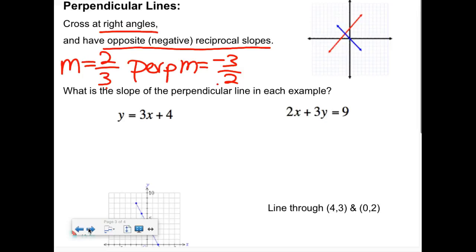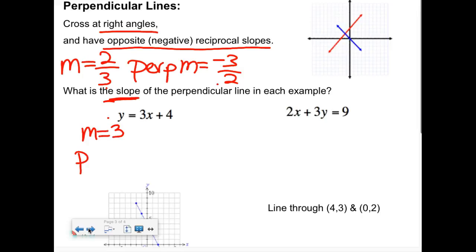So just like last time, we are going to be finding our slope and our points and putting them into whatever form they want us to put it in. Here our question says, what is the slope of the perpendicular line in each example? I start off with this one. It's very nicely in y equals mx plus b. So that means my slope is 3.